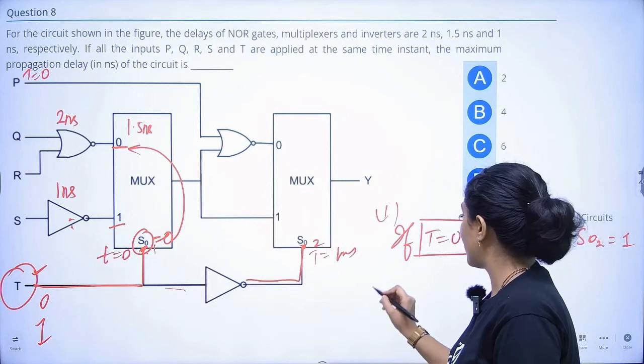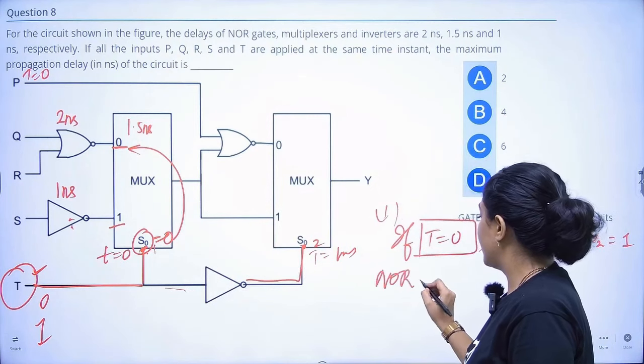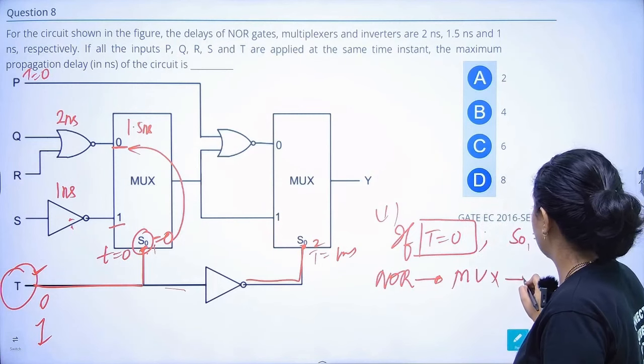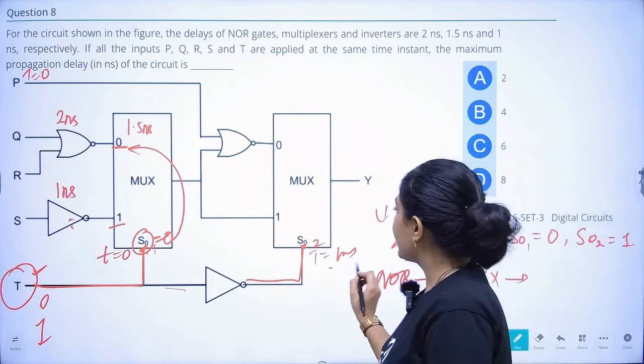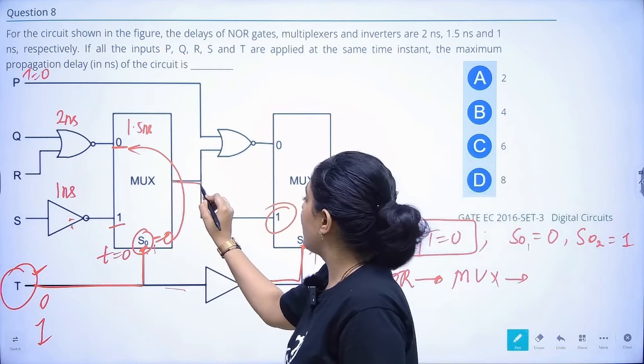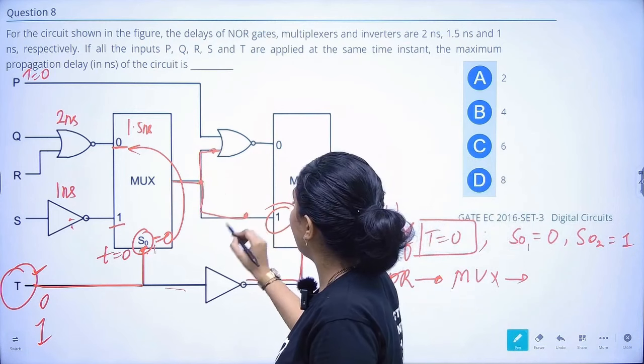So how will the operation flow? It will start from the NOR gate, then it will process the input from the mux. In this case, this input is selected. The mux output goes to this gate and to this one.